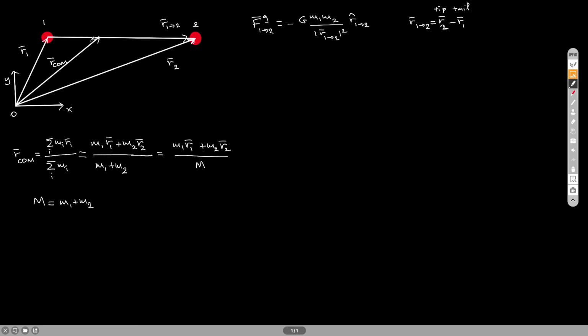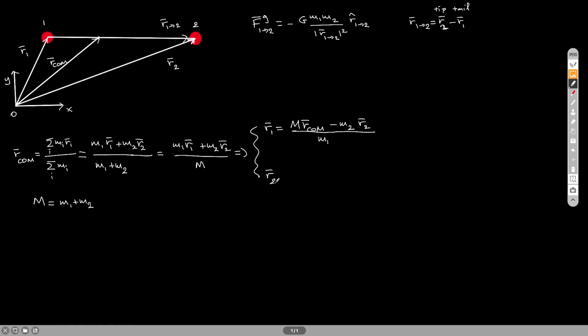Now, using this expression, I'm going to do two things. I will solve for R1, and I'm going to have M times R of COM minus M2 R2, and then I'm dividing all of this by M1.